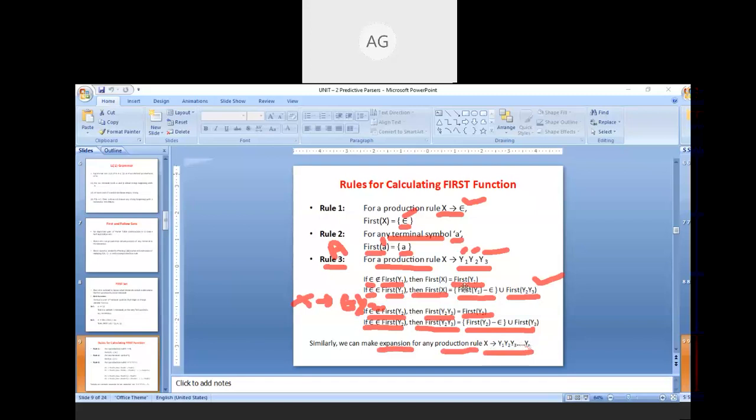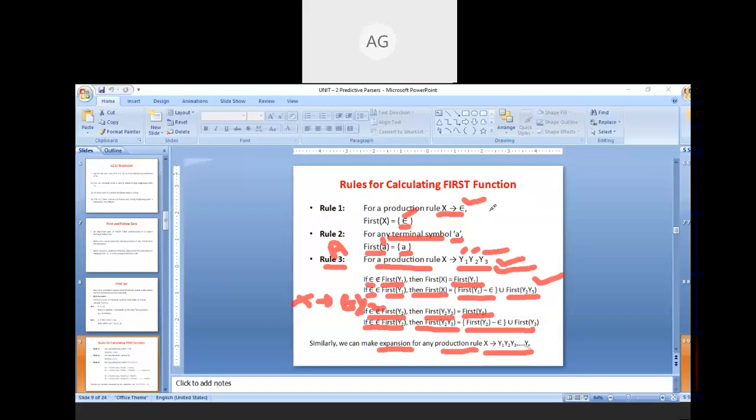I know this is somewhat difficult to understand, but once we solve the questions related to finding the first, it will become practice for you, and it will become very easy. You just need to remember these three rules first.